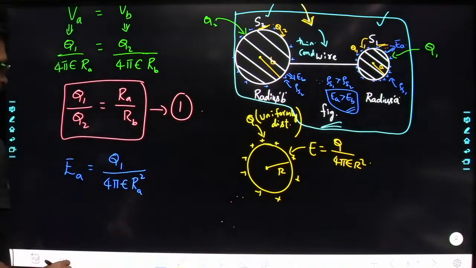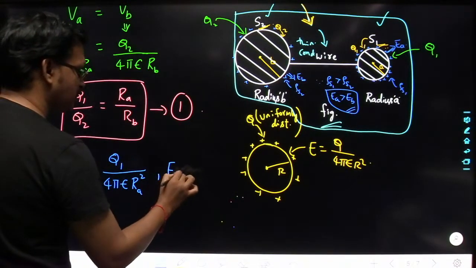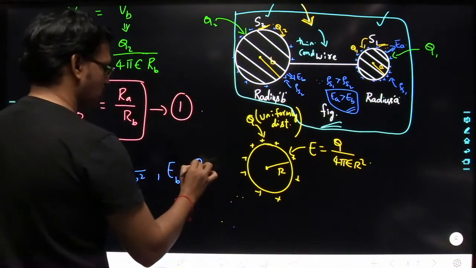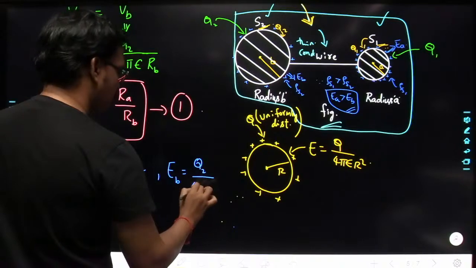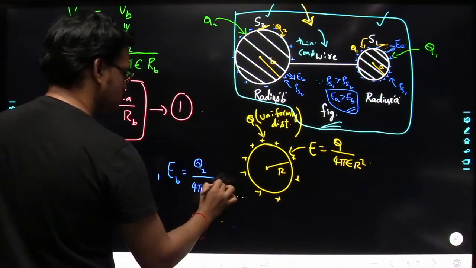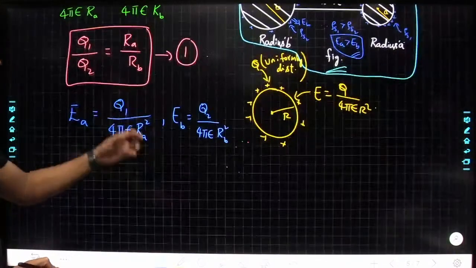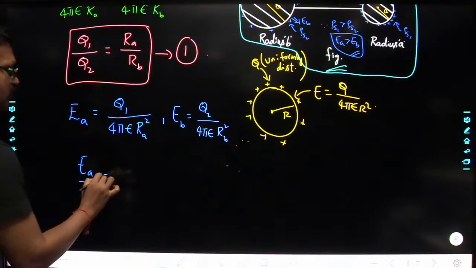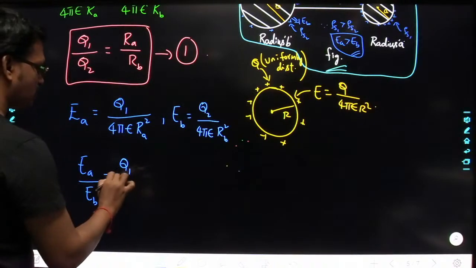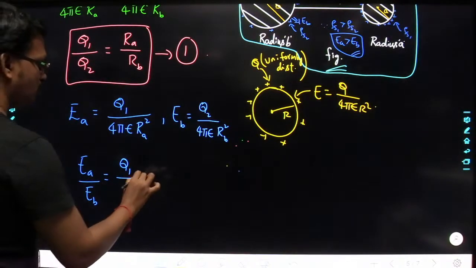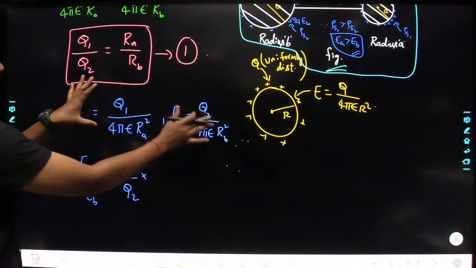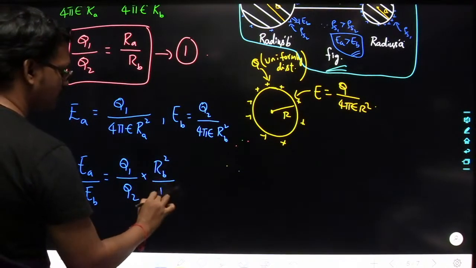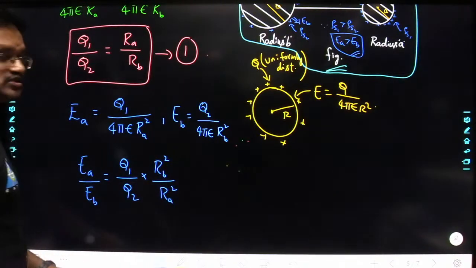Similarly, EB, the electric field on the surface of sphere S2, is equal to Q2 by 4 pi epsilon RB square. From these two I can take the EA by EB ratio. If you take the EA by EB ratio, you are going to get Q1 by Q2 into RB square by RA square.